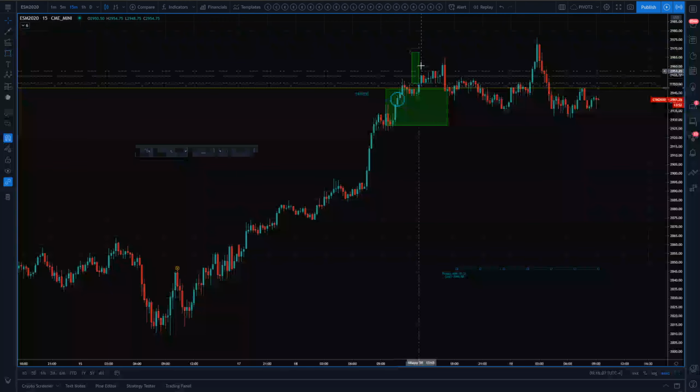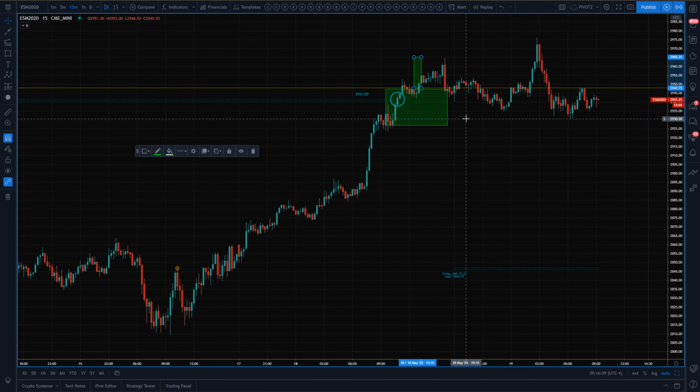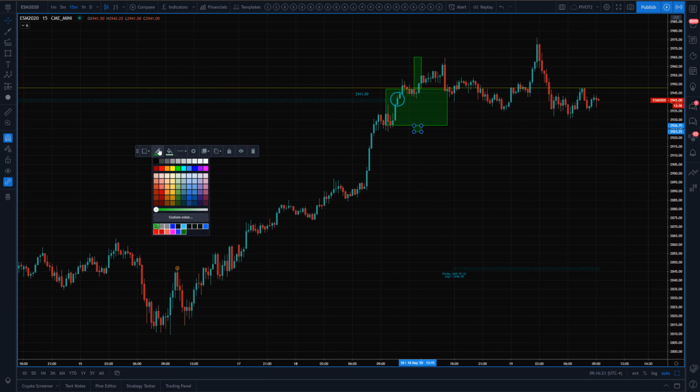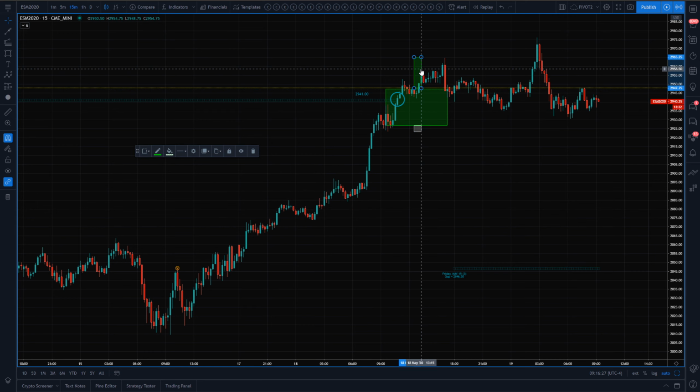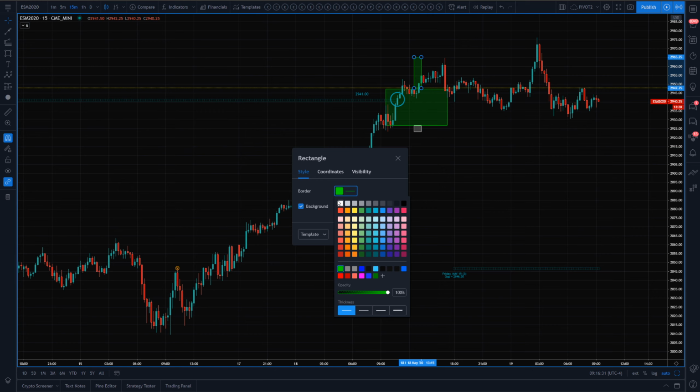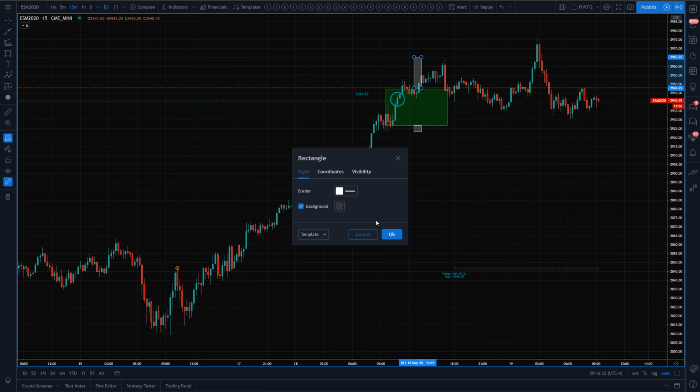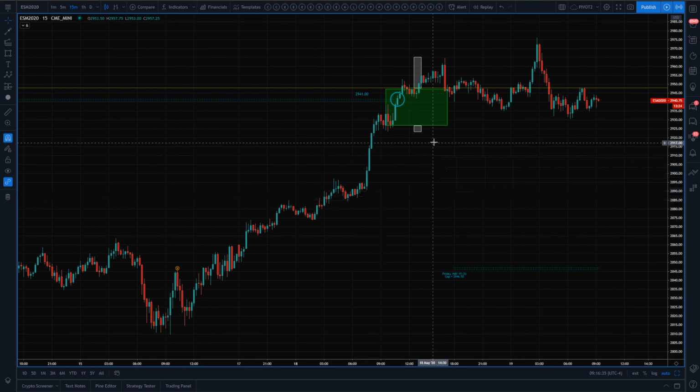And I have actually a tool that can do this for you. I'm going to match this with that low right there, and I'm going to match this with that high. So imagine this was your candle.